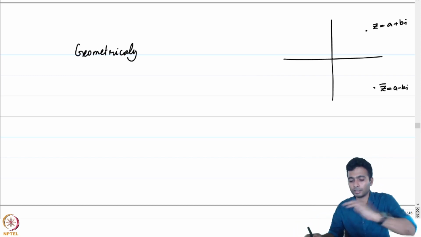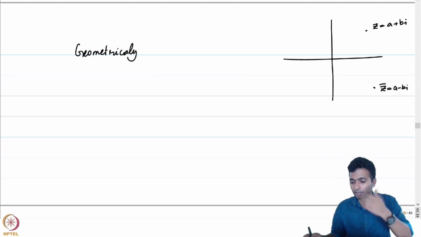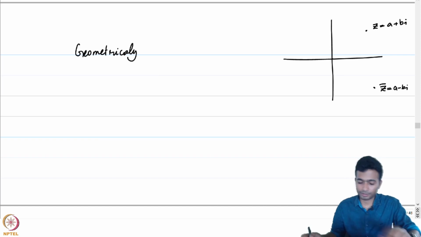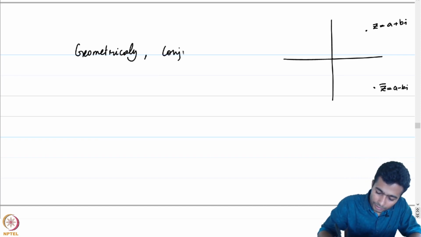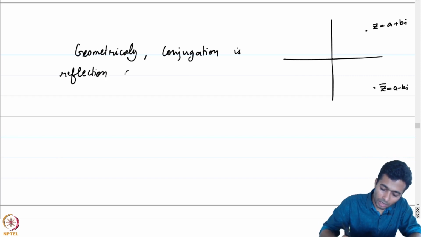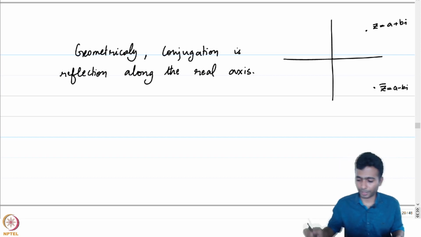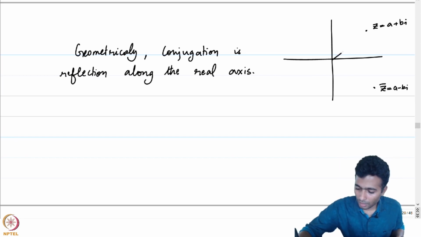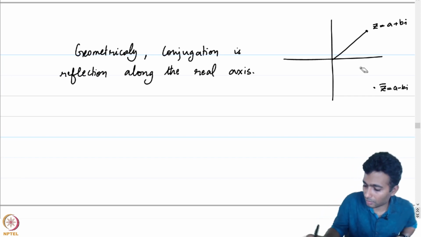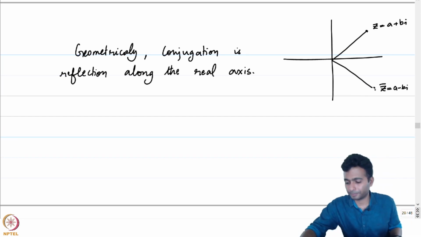It's basically the linear transformation which reflects every vector along the real axis. So geometrically, conjugation is the linear transformation which is the reflection along the real axis. This is our R, this is our z, and this is what our z bar will turn out to be.